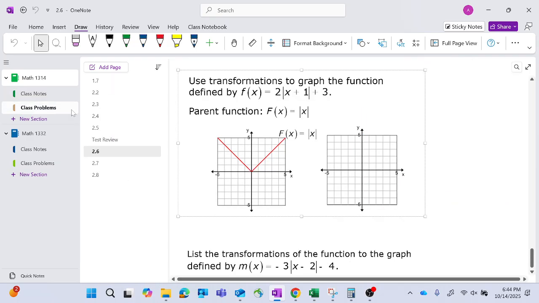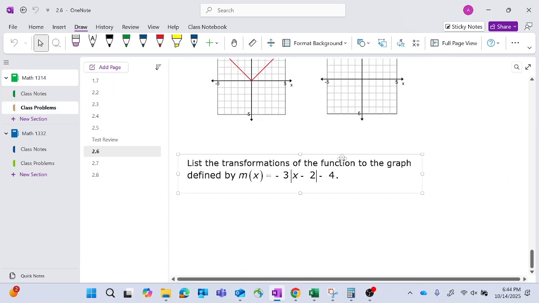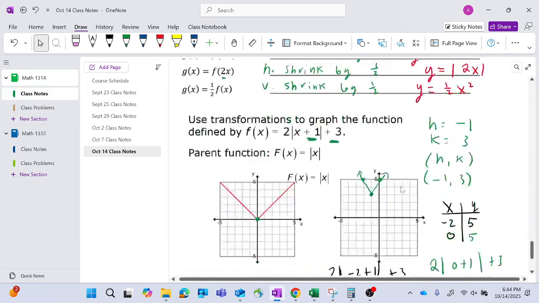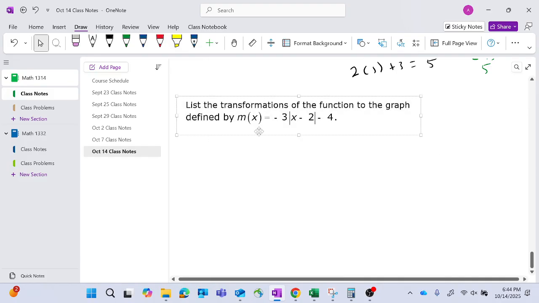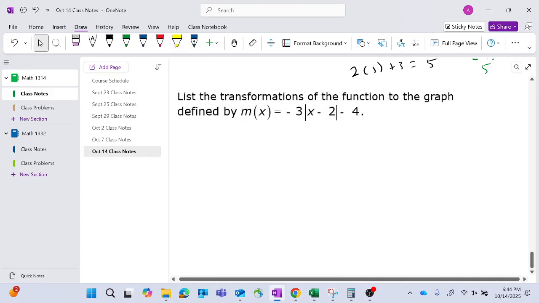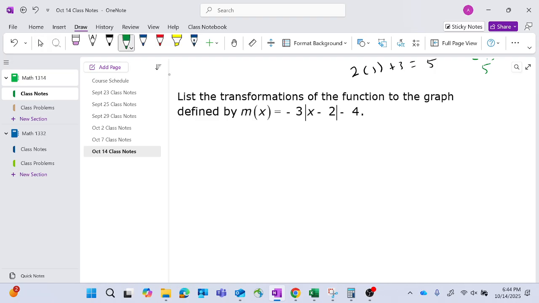Good. All right. And now this is a good example of something I would probably give y'all, where I'm going to say, list the transformations here. So what you want to do is see what we have. I have a -3.